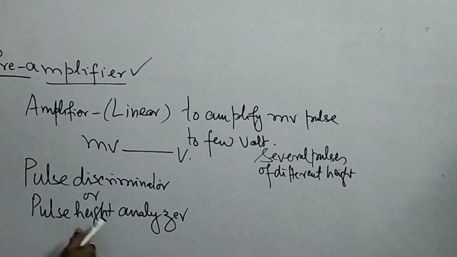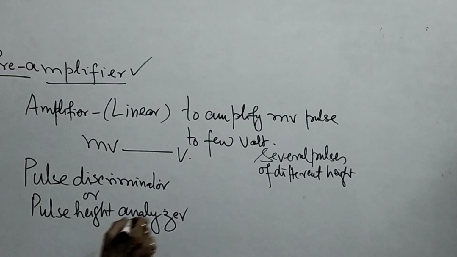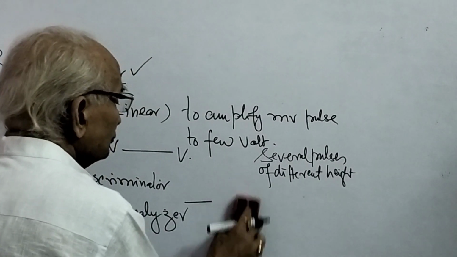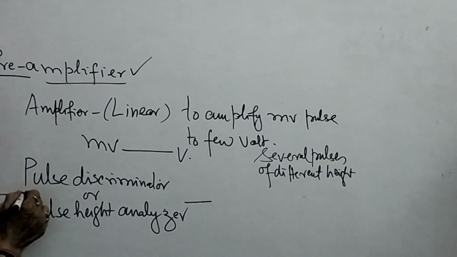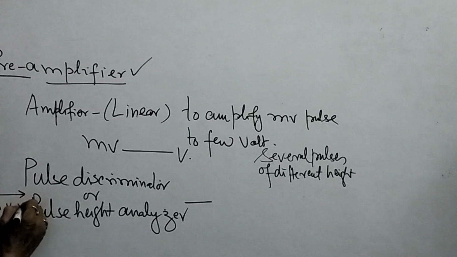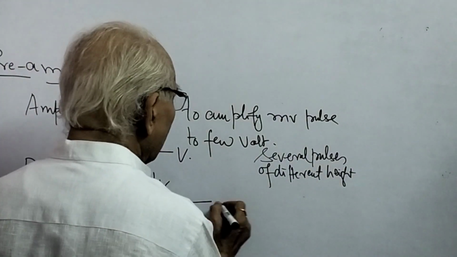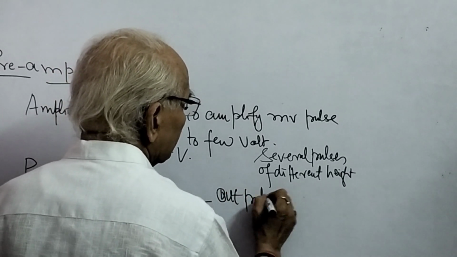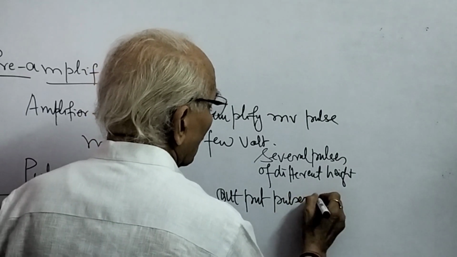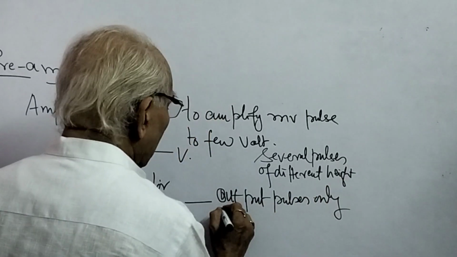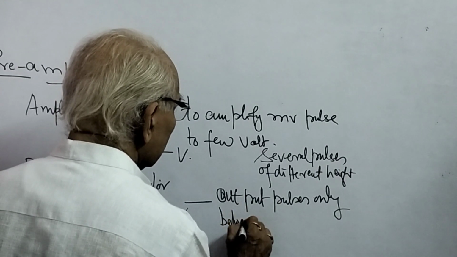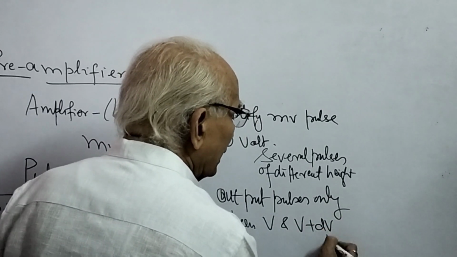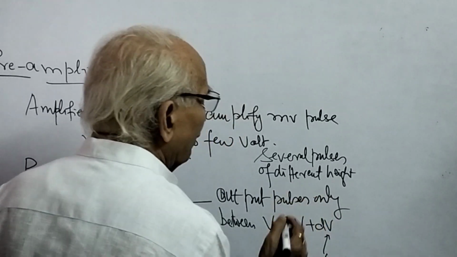So a pulse height analyzer or pulse discriminator is a circuit which gives output. Input is here, all pulses V1, V2, V3, etc. Here we want output pulses only between V and V plus dV. dV can be any value, 1 or 0.1, whatever.